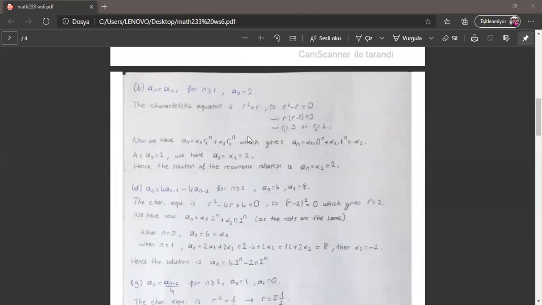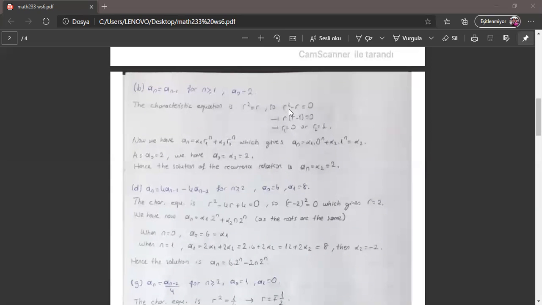So here what do we have? We are given a sub n equal to a sub n minus 1, where n is greater than or equal to 1, and a0 is 2. We first find the characteristic equation, which is r squared equals r. So we solve this equality.